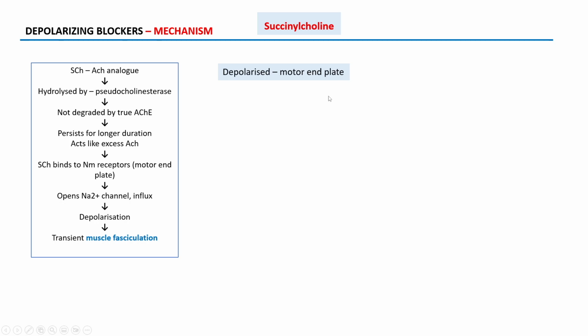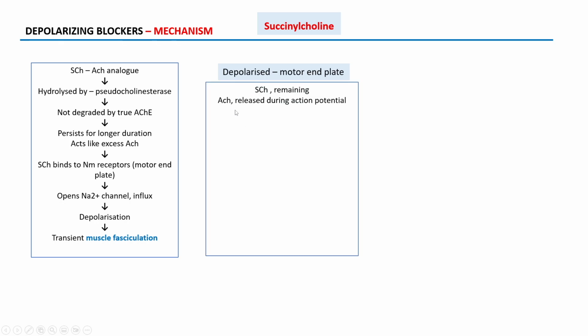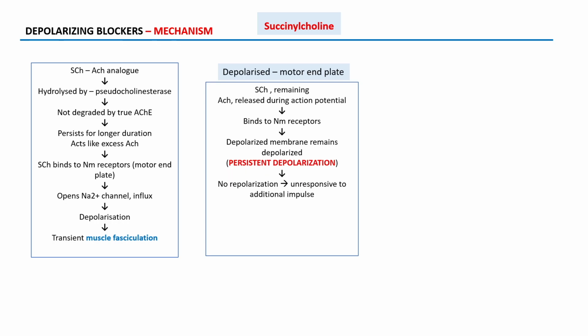Following the depolarization of the muscle end plate, the remaining succinylcholine, as well as the acetylcholine released during the action potential, binds to the NM receptor repeatedly, and there is a higher concentration of succinylcholine as well as acetylcholine, which leads to depolarization. So depolarized membranes will remain depolarized. This is called persistent depolarization, and no repolarization will occur, and there will be unresponsiveness to additional impulses.